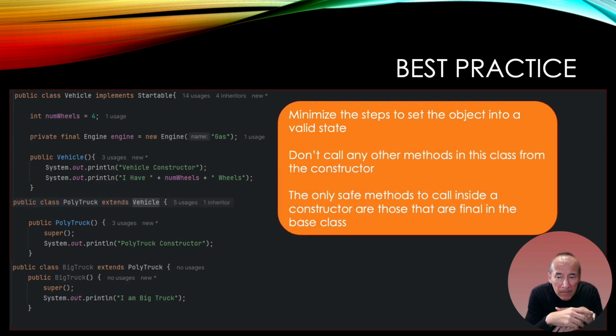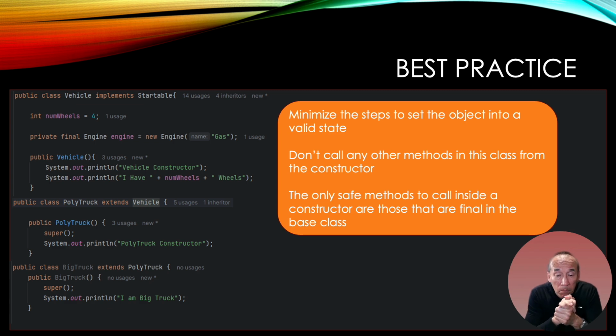All right, you want to minimize the steps that are needed to put you in a valid state. Okay, you do not want to call other methods from your constructor. That's just going to be chaos, madness, and things just won't instantiate right. Lots of bugs there. So the only methods that you can feel safe in calling from a constructor are static methods.